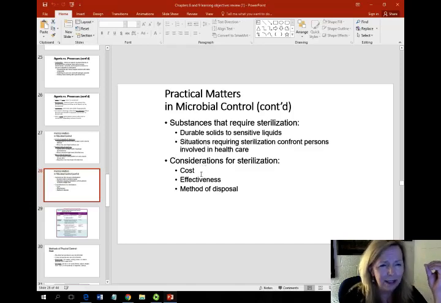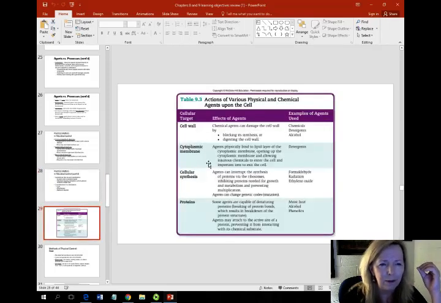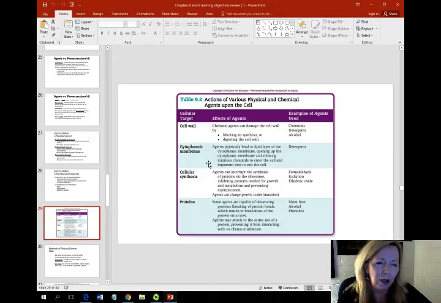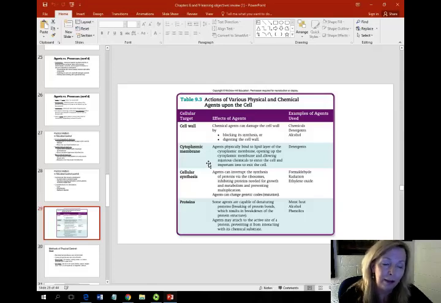Some things for consideration: you should always consider cost, effectiveness, and how you have to dispose of them. The way these controlling mechanisms work, whether physical or chemical, is that they often attack the cell wall of the microbe you're trying to destroy. Sometimes they affect the plasma or cytoplasmic membrane.